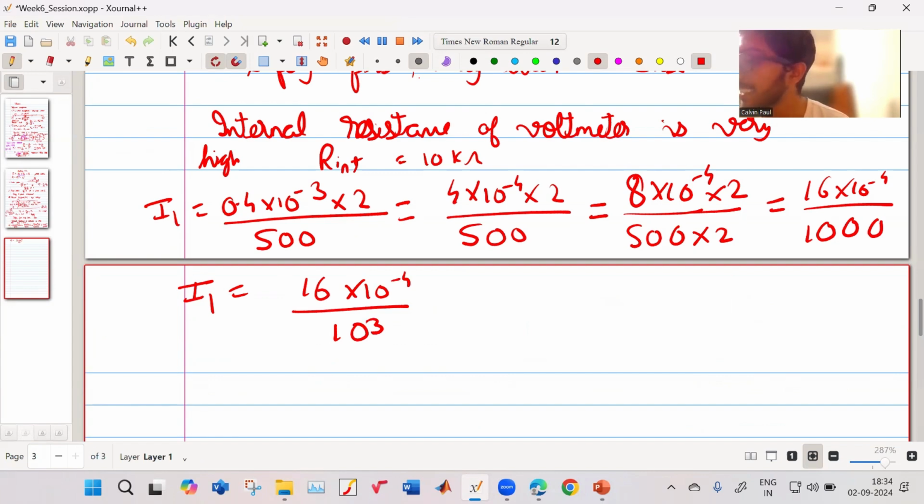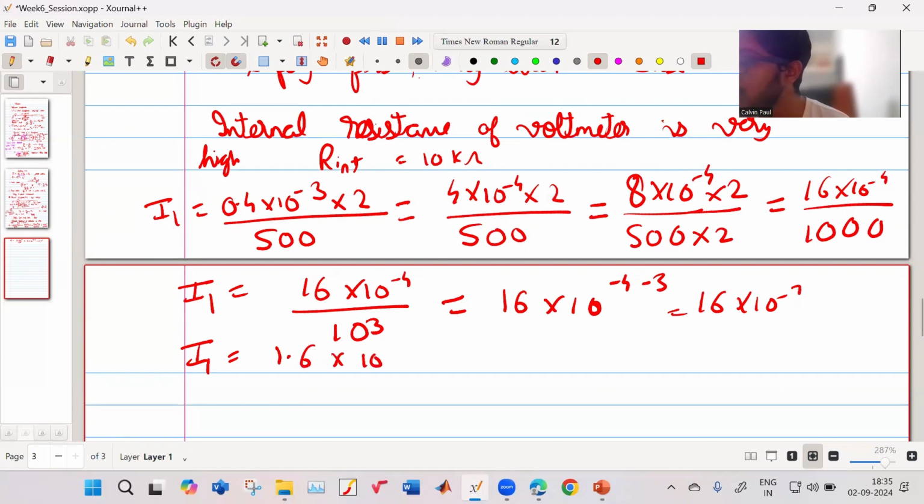Now, based on the law of indices, this becomes 16 into 10 to the power minus 4 minus 3, so 16 into 10 to the power minus 7, or 1.6 into 10 to the power minus 6 ampere. So it can be written as 1.6 microampere. This looks long, but as you learn to simplify and use these techniques, you can do it fast. Many of you will know it already, but I'm just giving a brief recap.